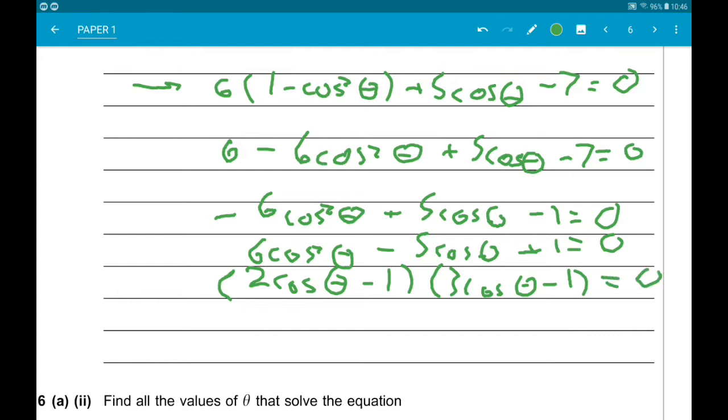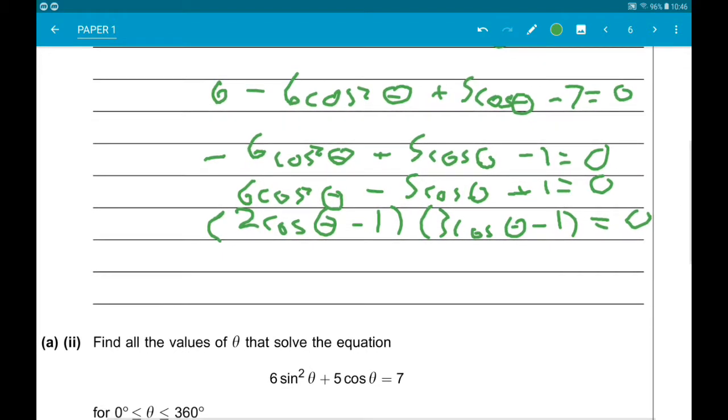So then our two solutions are cos of theta is equal to a half and cos of theta is equal to 1/3.